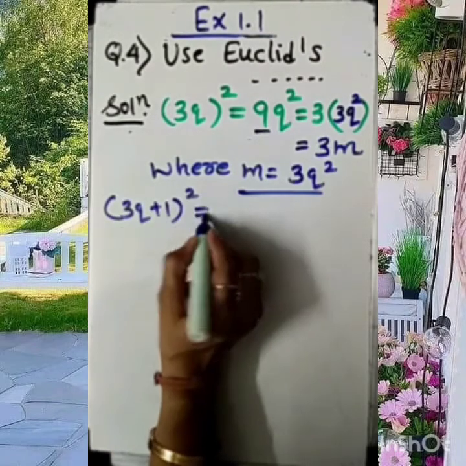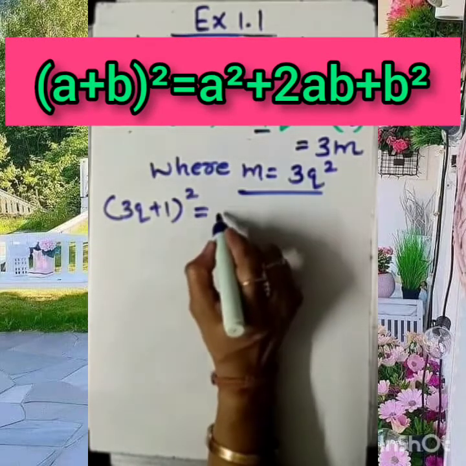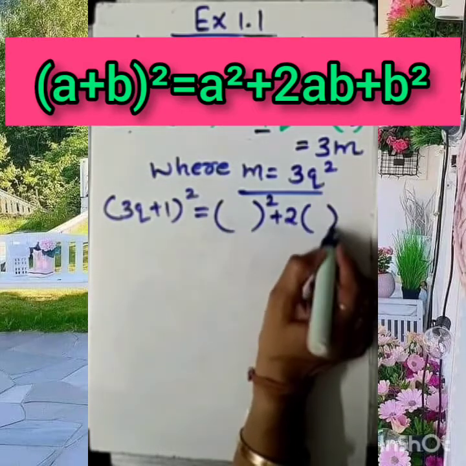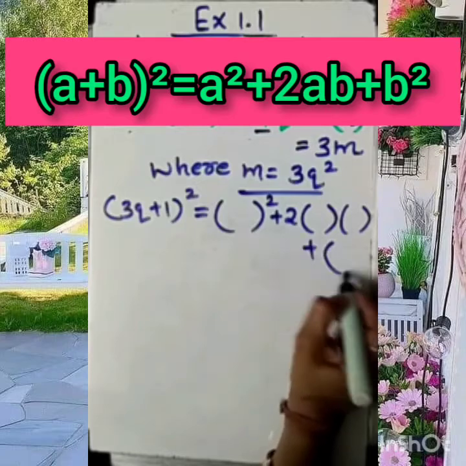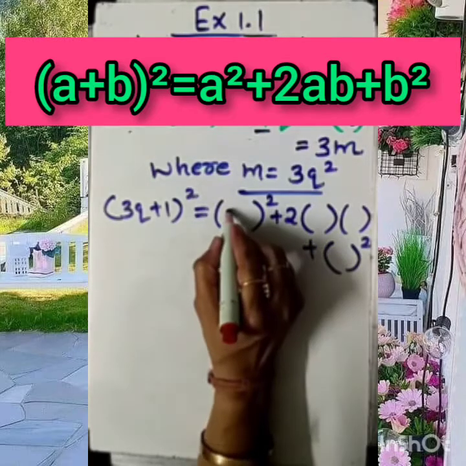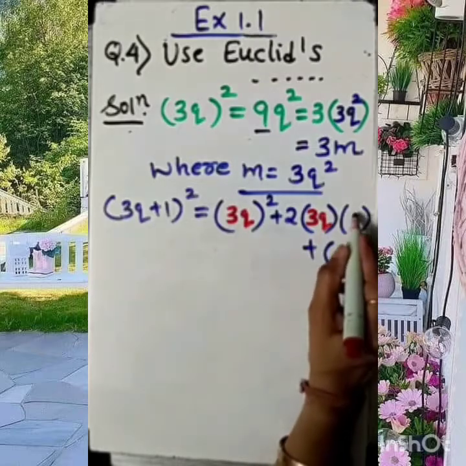Now one more step with us, that is 3q plus 1. Let's find its square. As we know, for (3q plus 1) whole square, we need to apply the identity a square plus 2ab plus b square. Here a is 3q and b is 1.